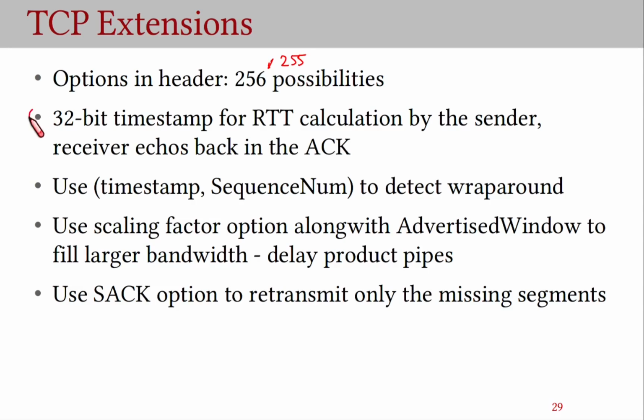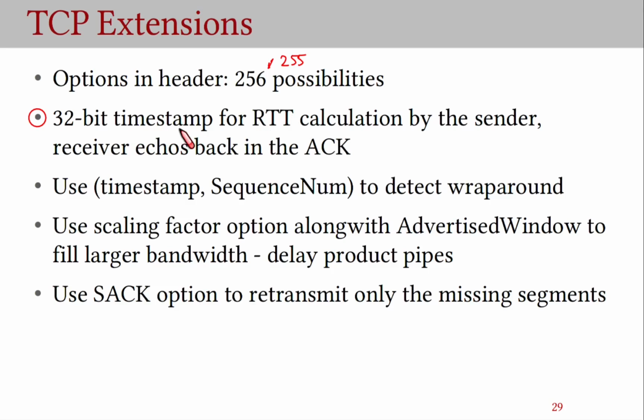One of the options is the 32-bit timestamp. When the sender sends a segment, it will set this option and put a 32-bit timestamp. This timestamp works for two goals. First, it helps in round trip time calculation, because the receiver simply echoes the timestamp that was sent by the sender.